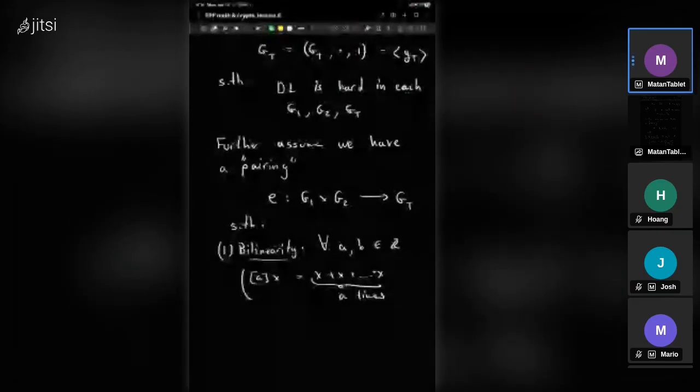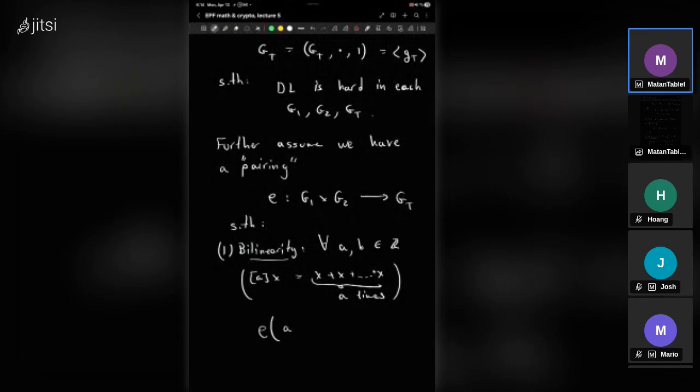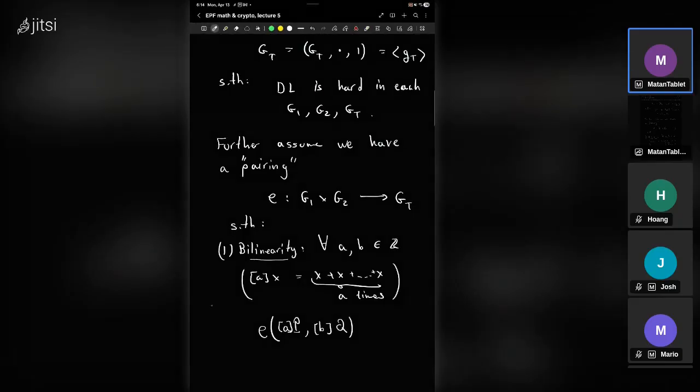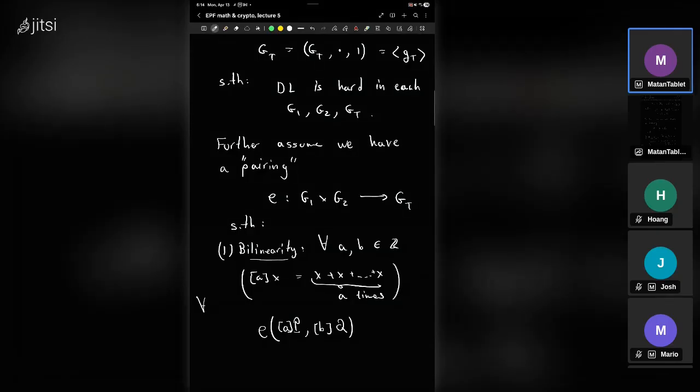So for any a and b, bilinearity says that if you do e of aP and bQ, where P is in G1 and Q is in G2, then what you get is exactly e of P and Q to the power of a times b.